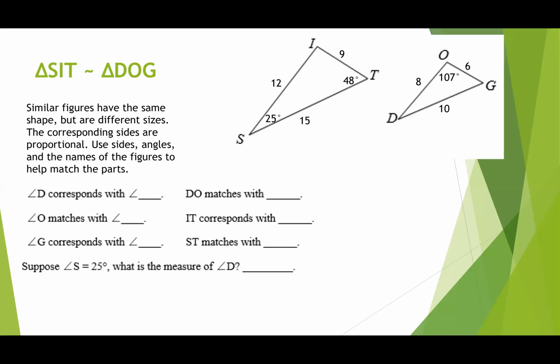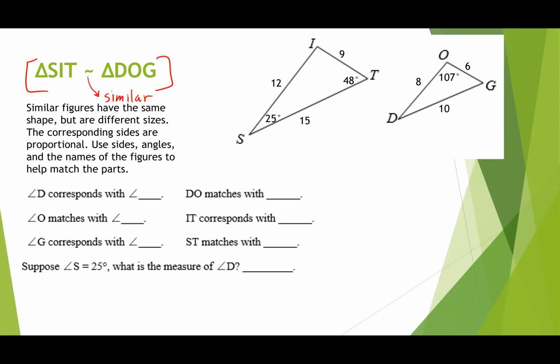Looking at these two, this symbol means triangle SIT is similar to triangle DOG. That little squiggle means similar. It looks like the congruent symbol, but without the equal sign. Triangle SIT is similar to triangle DOG.